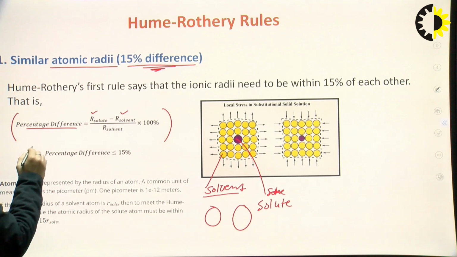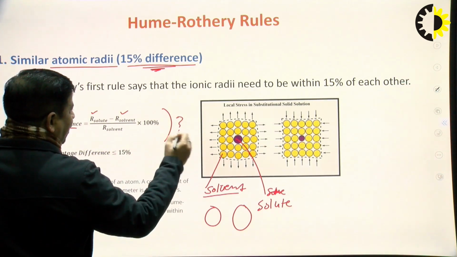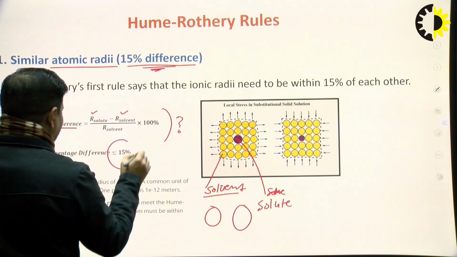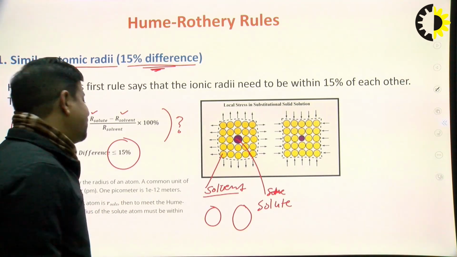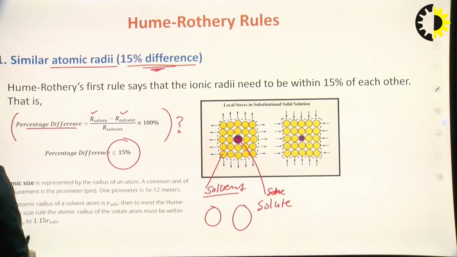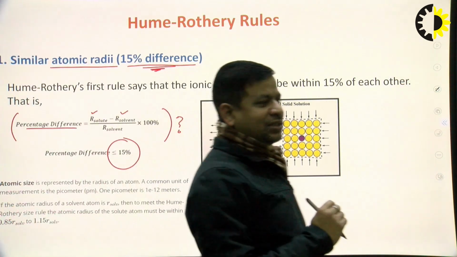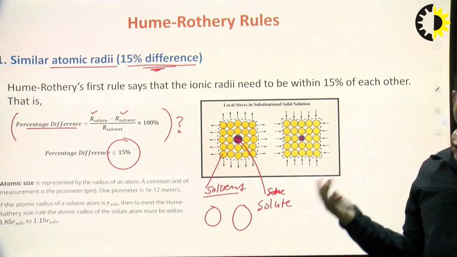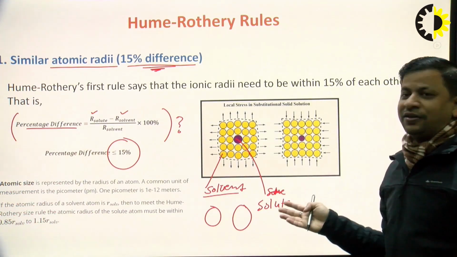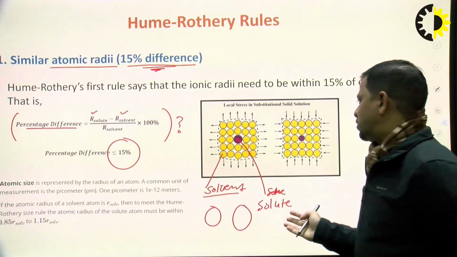Then we are going to get a value, and whatever value we get here should not be beyond this 15% range. So if the two elements that we are going to mix fit into this criteria, then we can easily say yes, there is a good chance of getting a proper substitutional solution.